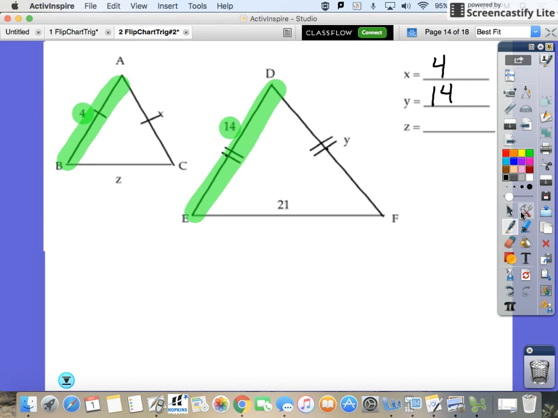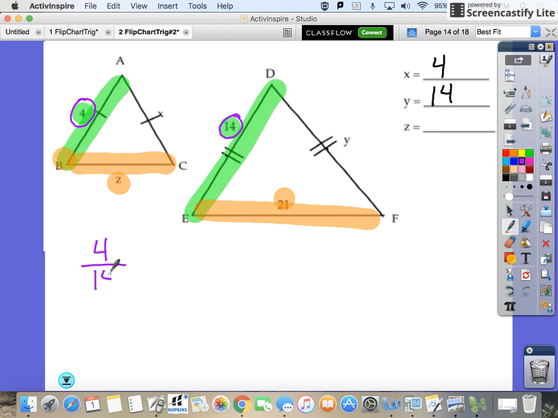And then this is where we need to do a little bit of work. So this side and this side are corresponding. That's z and 21. So what we need to do is take the 4 over 14 and set it equal to z over 21, because those ratios of side lengths need to be the same.